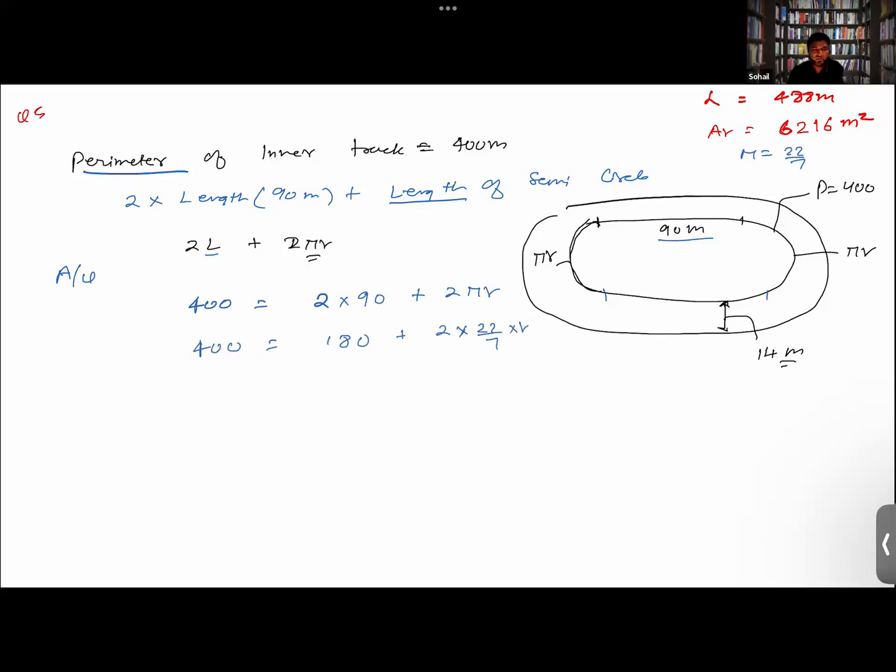Is the value of r given in the question? No, we need to find it out first. So 400 equals 180 plus 44/7 multiplied by r. Let's transpose it over here. So that will be 220 equals 44/7 into r. So then again it will be 220 into 7/44. Thereby that should be 35.